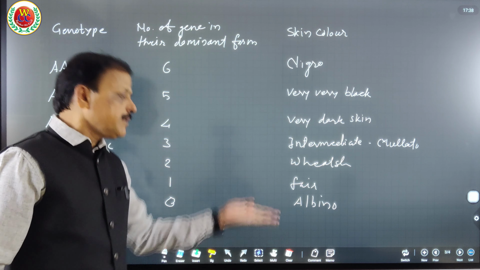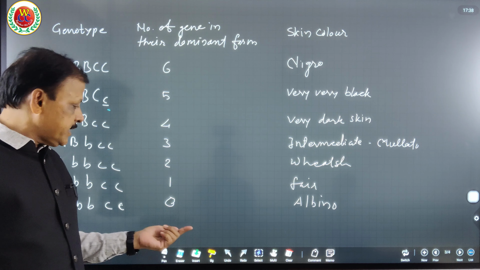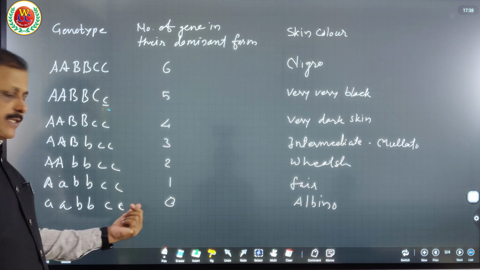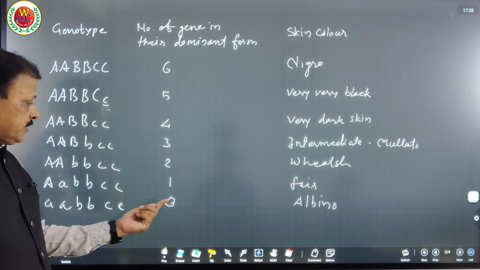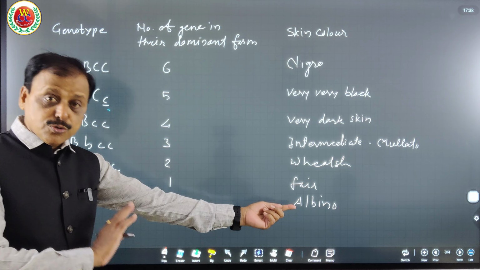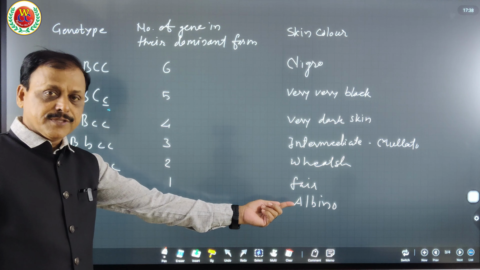If we see in the reverse direction, it is best to understand that in the first case the number of genes in dominant form is 0, and thereby there is no skin color, that means no melanin pigment, and that albino skin is also called albinic, which you would have observed in European people: white skin with brown spots and brown hair. That is actually a diseased skin.